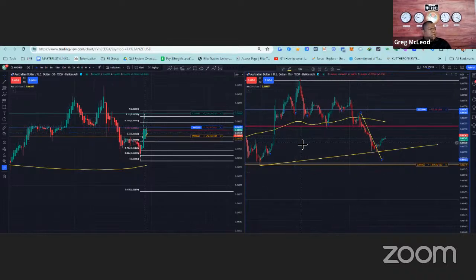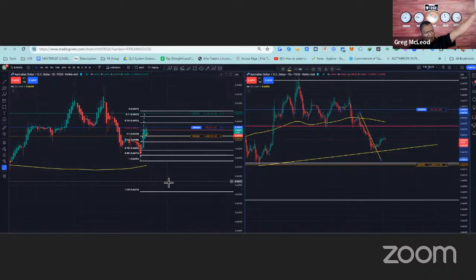This is a 15-second chart of the Australian dollar, and we have a 30-minute chart over here that is pointing up, saying go this way. It's like Prairie View University, they point to the hills. The hills of PV.